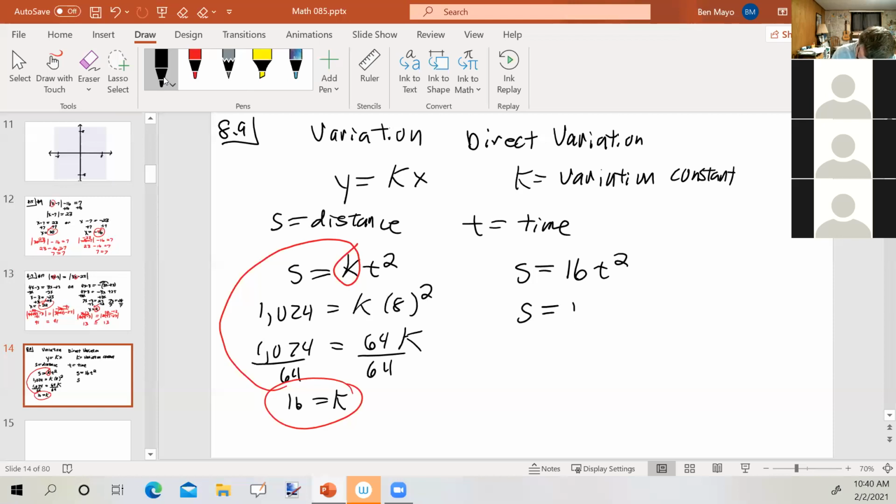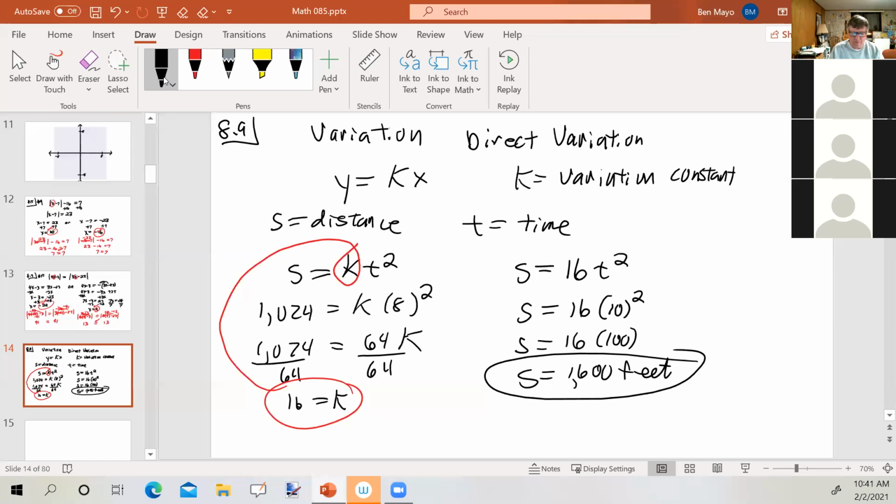So now I'm going to put 10 in the place of t. Don't forget that in this formula, t is squared all the way through. So s equals 16 times 100, s equals 1,600. And the units are what? Let's see, it said feet. So there's our final answer.